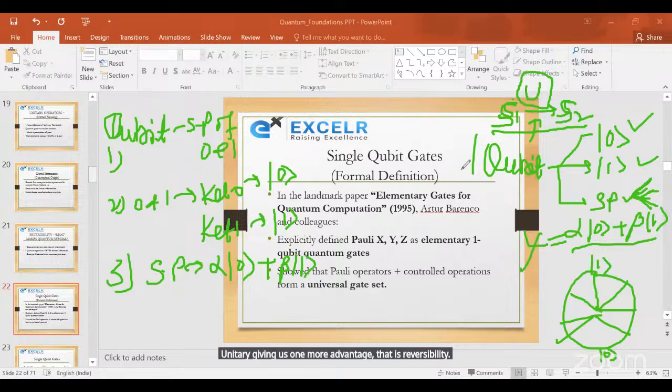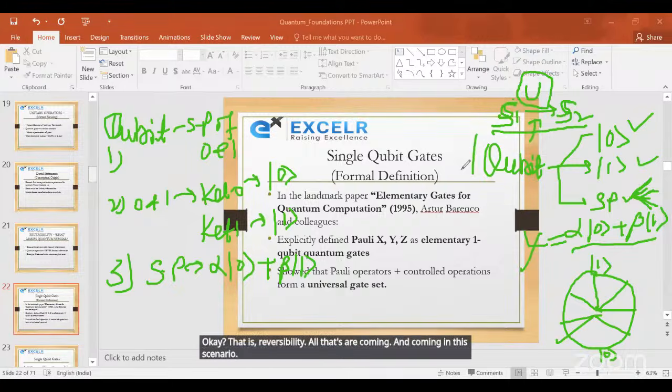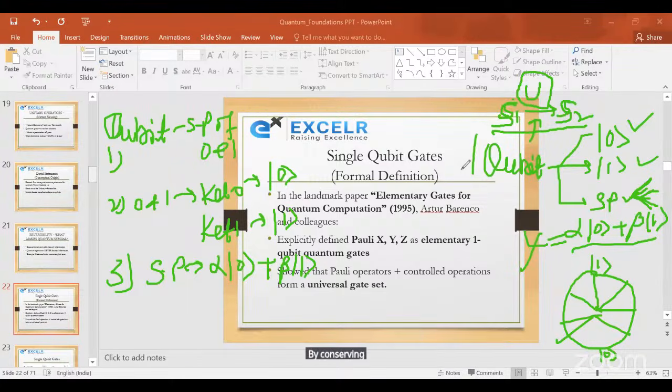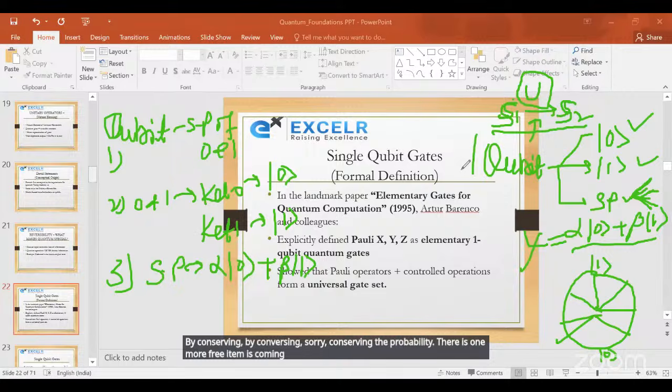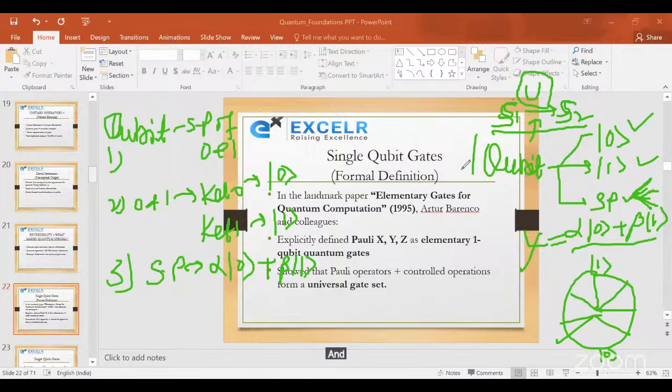It is like purchasing one thing and getting another thing free. We are conserving our probability, and one more free item comes, that is reversibility. This is a very important aspect of quantum computation.